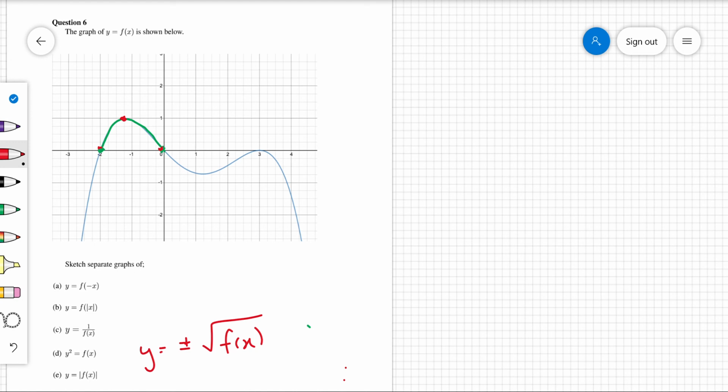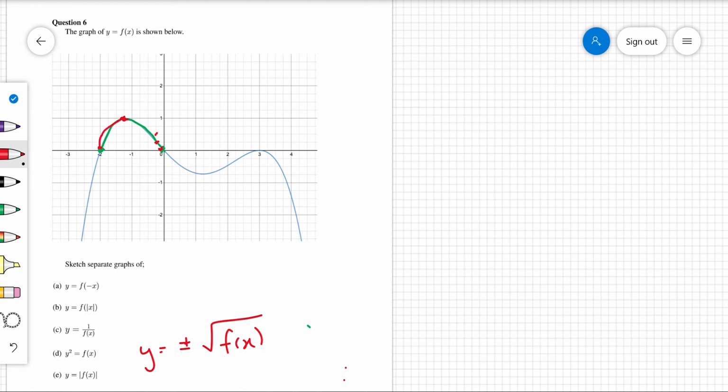So where would that be? Say this is a quarter about here. So the square root of a quarter becomes a half, so that point goes up there, if you can see that. Sorry, hang on a second.